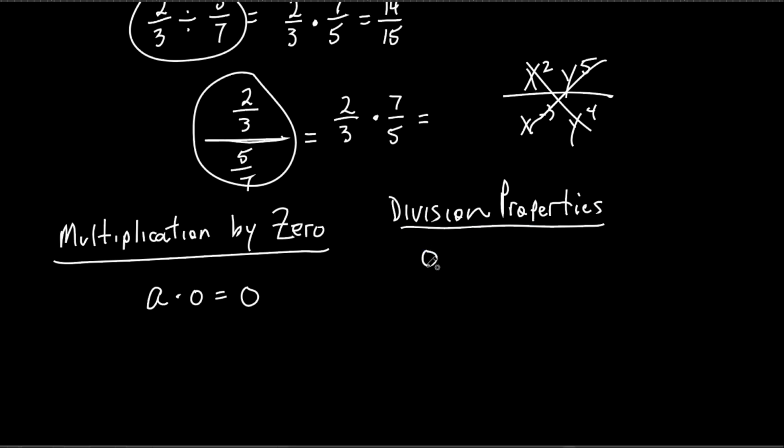I'm going to put 0 divided by anything. All right, what's 0 divided by any number? A represents any number. It's 0 again, just like multiplication. Okay? Yep. 0 divided by any number. Whether it's negative, it doesn't matter if it's negative, doesn't matter if it's a fraction, doesn't matter. If it's a real number, and we'll talk about the difference between real numbers and non-real numbers some other time. But if it's a real number, 0 divided by that number is always 0.